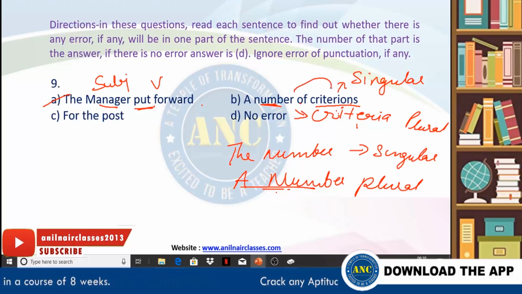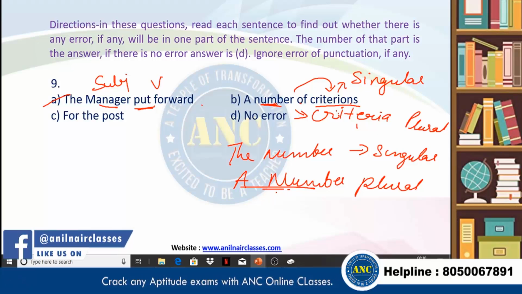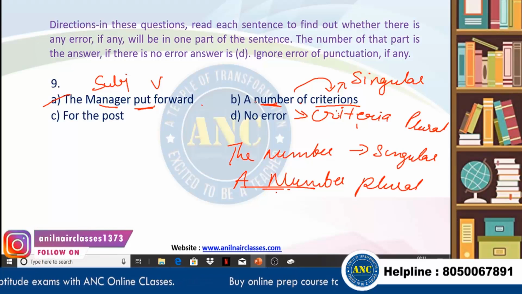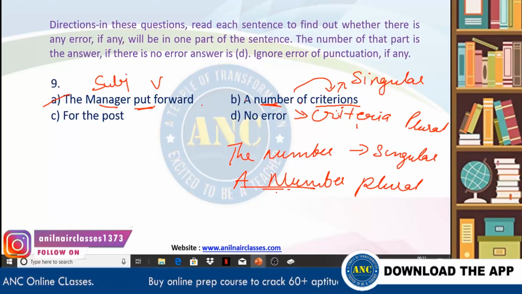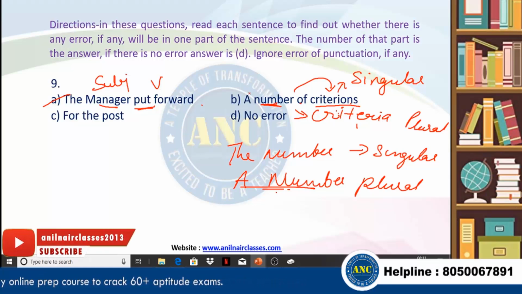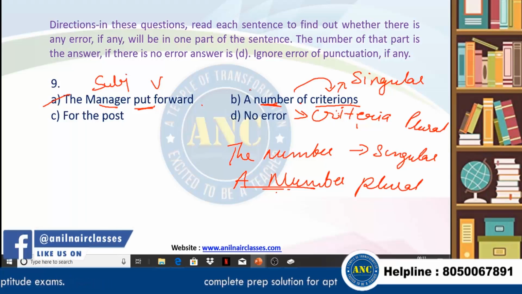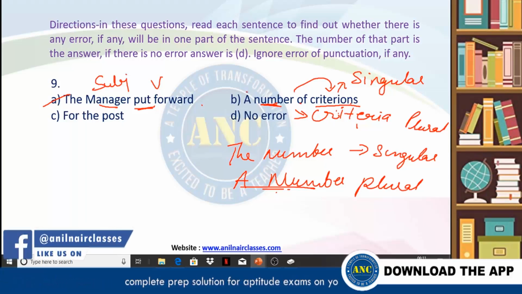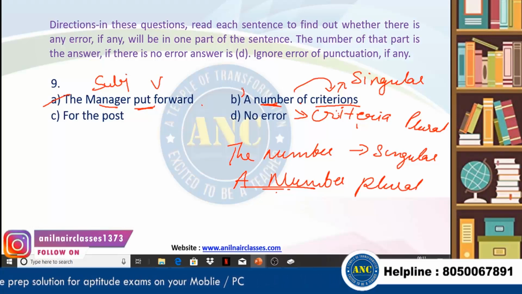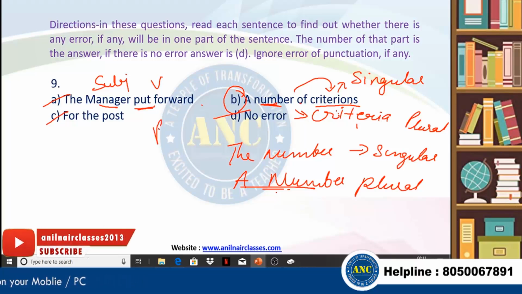We don't need the singular form because this noun is referring to a plural. So noun consistency has to be there. Consistency is very important in grammar, right? Always remember, a noun must be consistent with the other noun it is referring to. A pronoun must be consistent with the noun. Subject must be consistent with the verb. If you just remember the word consistency, this will be easy for you. So B is an error, and then we can get rid of C and D.